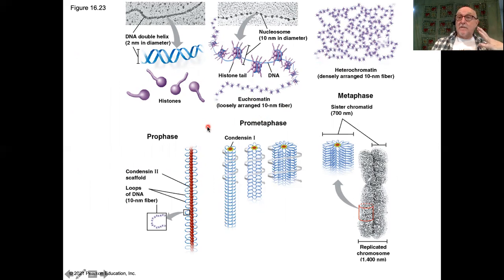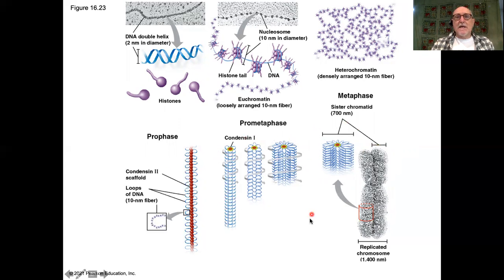But as cell division approaches, the cell begins to wind these histones together and then begins to spin them around and around and around into these complex shapes, which contract the DNA denser and denser and denser until they're actually visible as the chromosomes here.